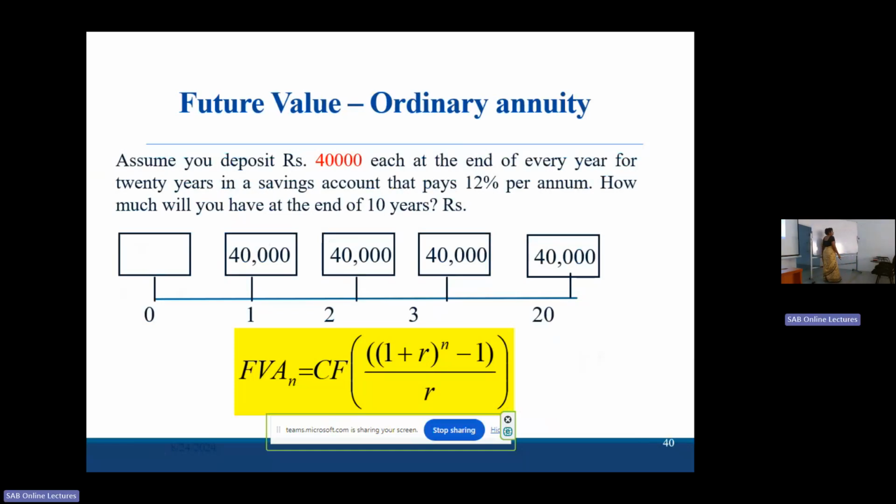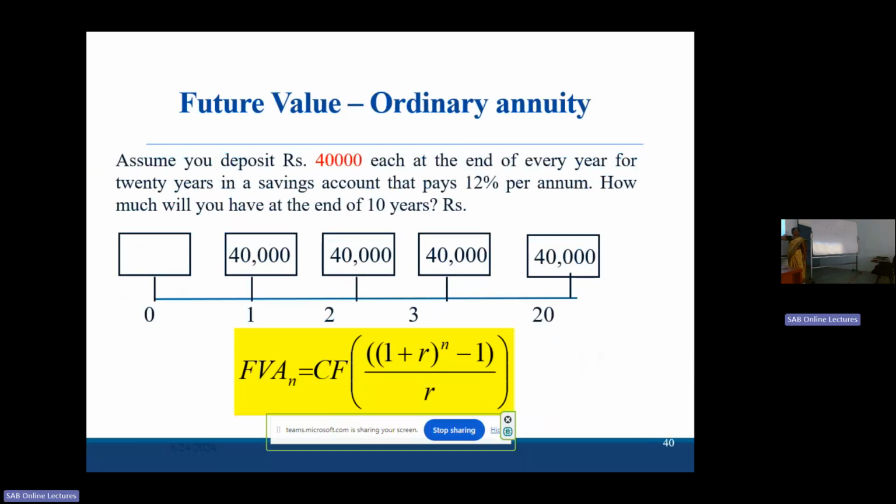What is the way? It's not possible to compound each cash flow to the 10 years; that is not manageable. For 20 years, you cannot compound each cash flow. Therefore, there is a formula to calculate the value of this ordinary type annuity.